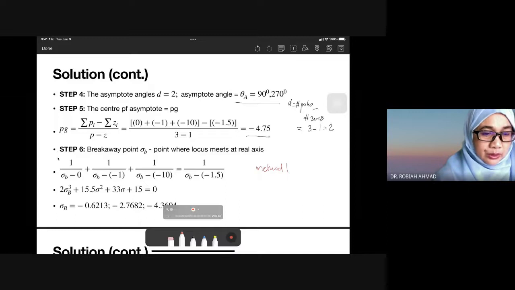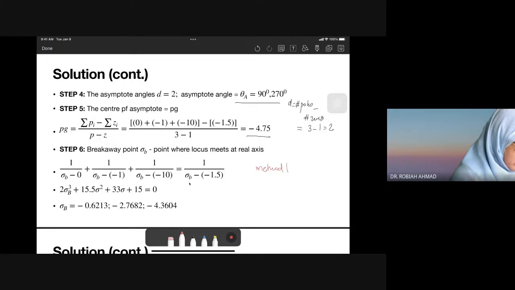The first one is 1 over breakaway minus our P1, P2, and P3, equal to 1 over breakaway minus Z1. Okay, so we have this equation when we solve. Now, how do we find the roots?